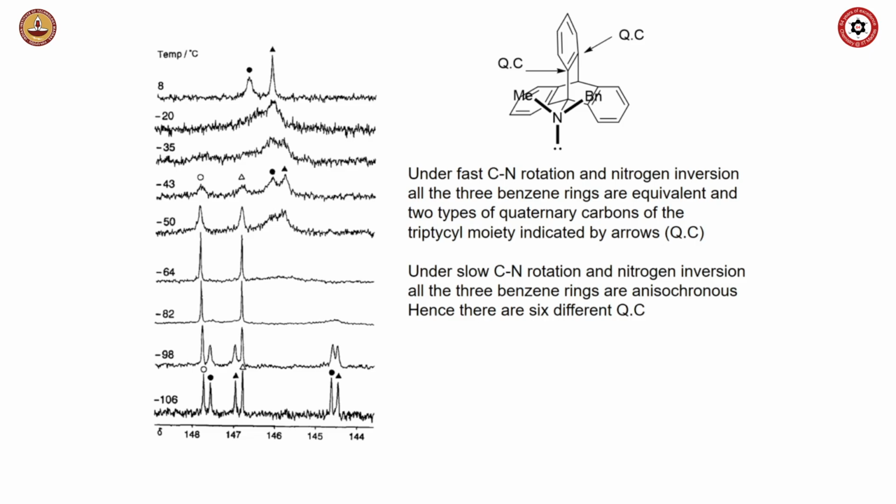This is another molecule where the carbon 13 spectrum is used in this particular instance. You see this quaternary carbon, there are 3 such carbons here. And these 3 carbons are entirely different in terms of the chemical shift values.